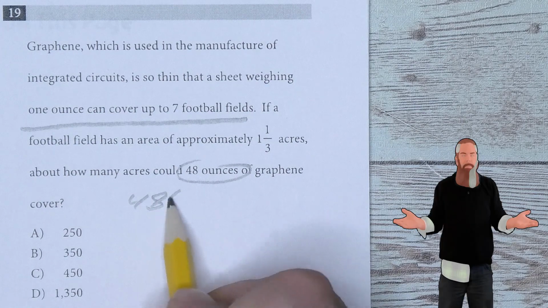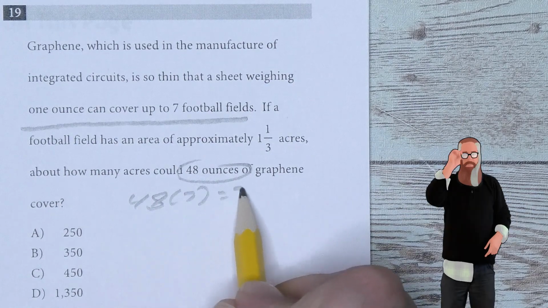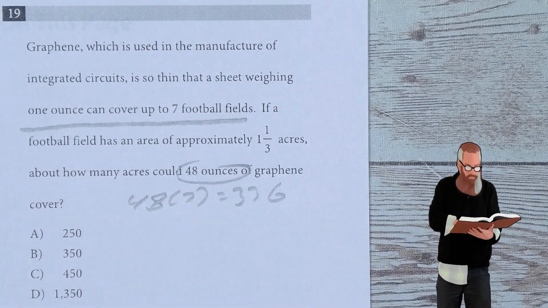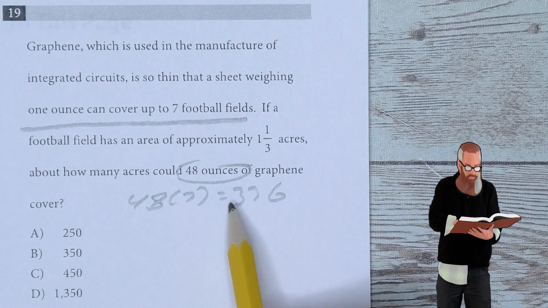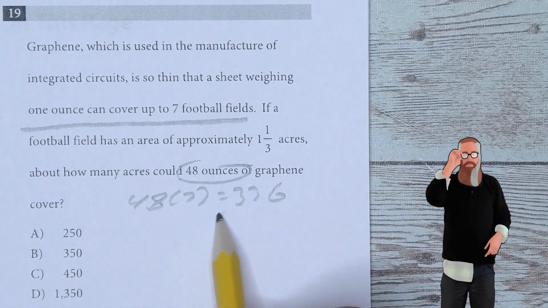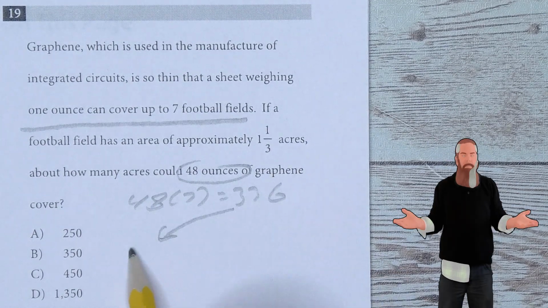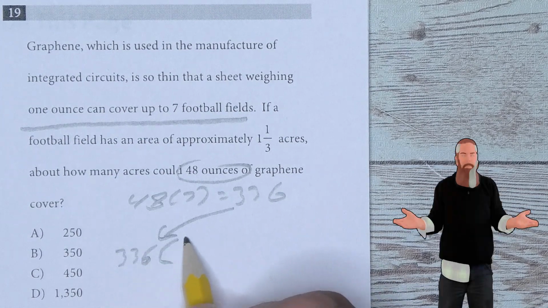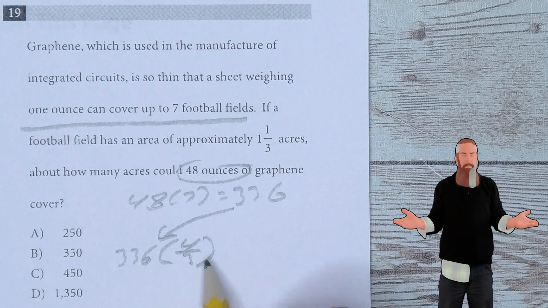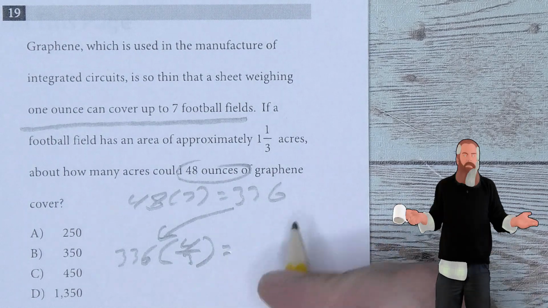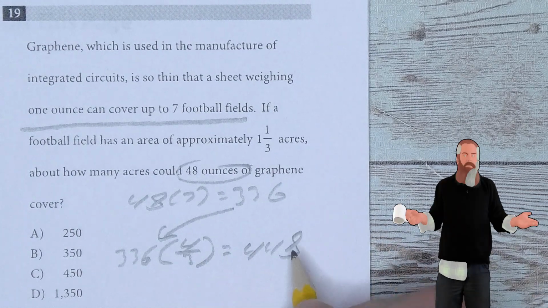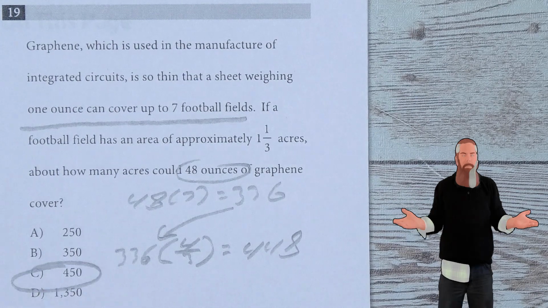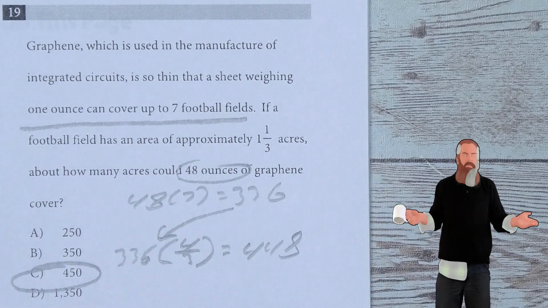So 48 times 7 would give us 336. That's how many football fields it would cover. But we want to know about acres. So we're going to take that 336 and multiply it by the 1 1/3 or 4/3 acres per field to get 448, and C, 450, is our closest answer.